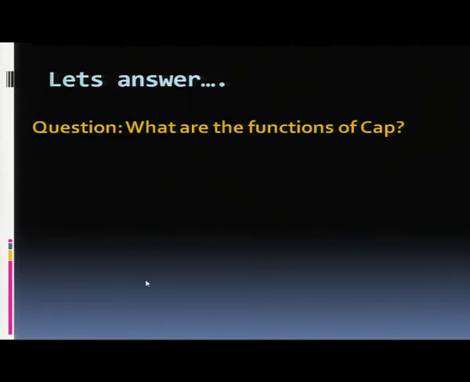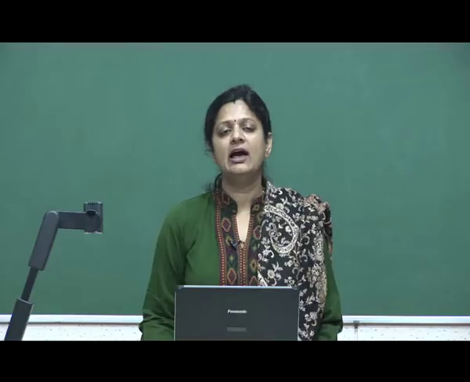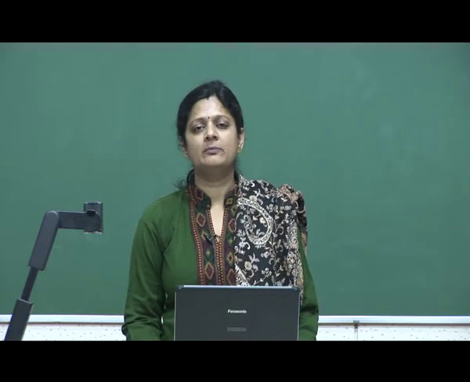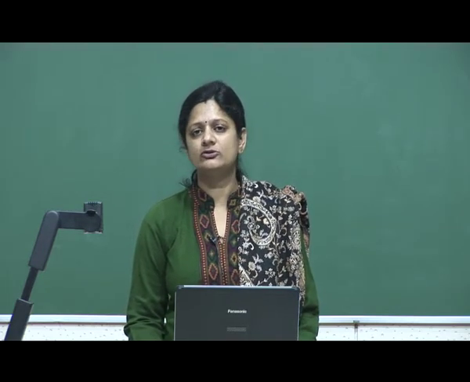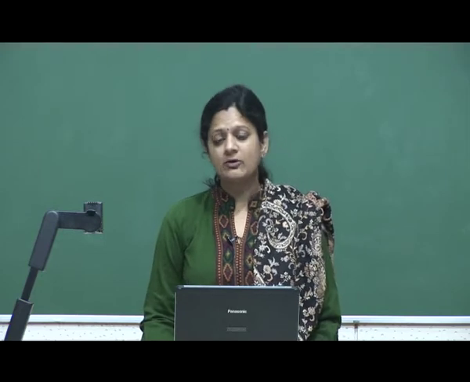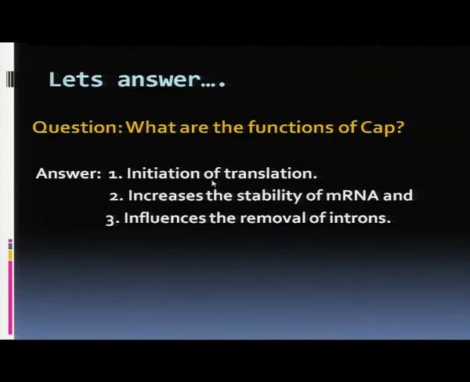If you can recall, the cap is found only in eukaryotic cells. The messenger RNA of eukaryotes has a cap at its 5' end, and these caps are synthesized by the unusual binding of guanosine triphosphate at the 5' end of the messenger RNA, and this cap provides for the initiation of translation, as there is no particular sequence in eukaryotic messenger RNA to recognize the start codon.